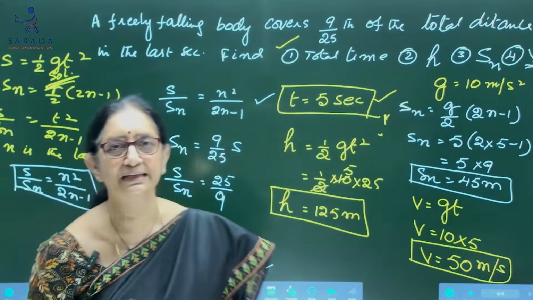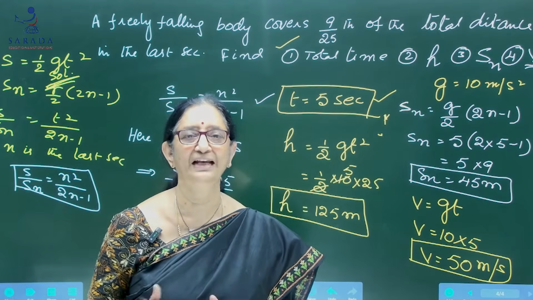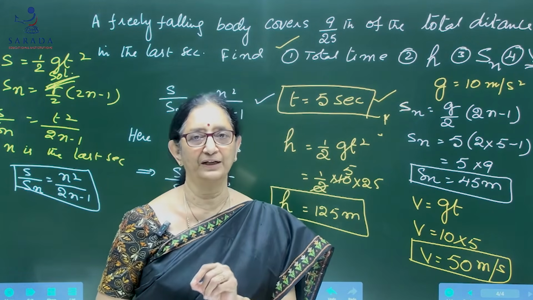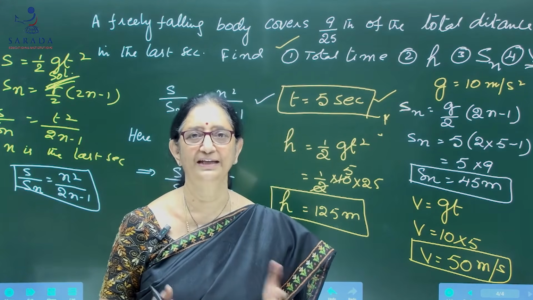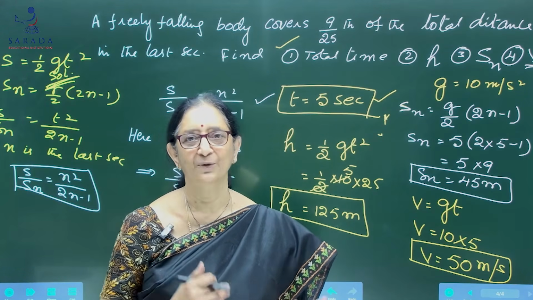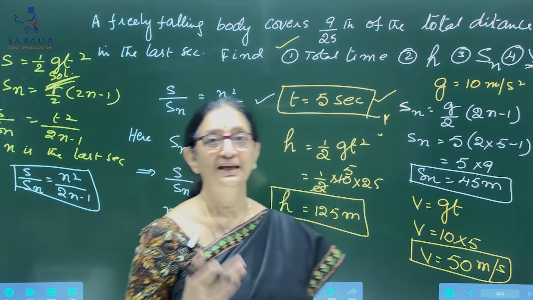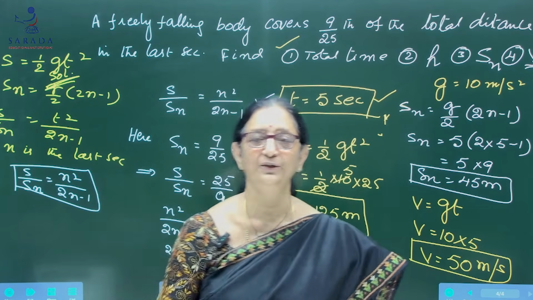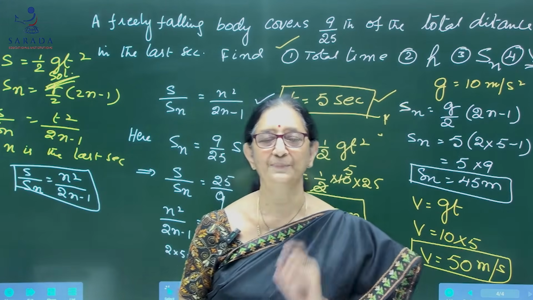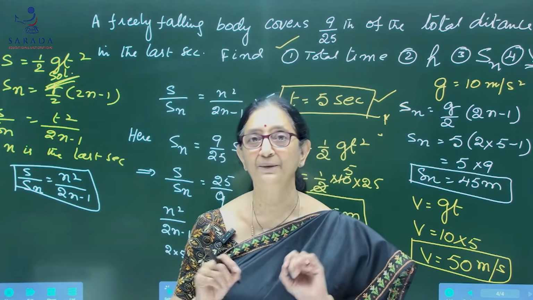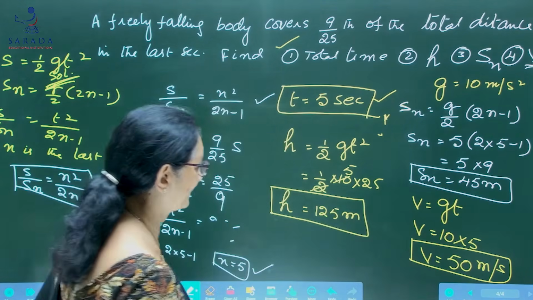So, just in case of problems, in case of a freely falling body, u is equal to 0, a is equal to g, all equations of motion are as they are. v is gt, s is half gt square, v square is 2gs, Sn is equal to g by 2 into 2n minus 1. S by Sn is t square by 2n minus 1 in case of free fall. If n is the last second, S by Sn is equal to n square by 2n minus 1. Is it okay? So, that is about this problem.